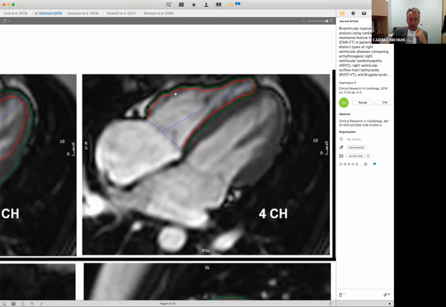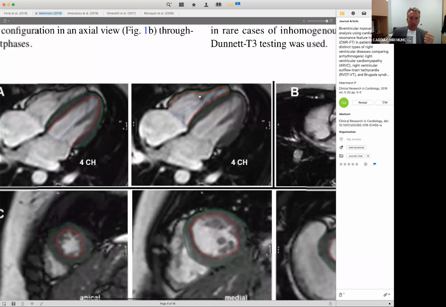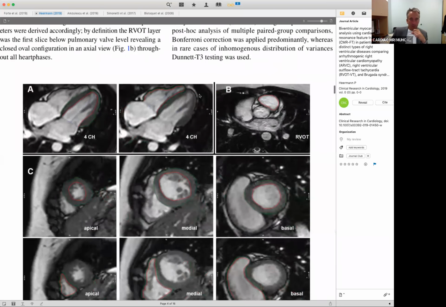The right ventricle is also pretty trabeculated. So in order to assess strain, you have to somehow make a guess where you cut off the trabeculae. And of course, if you're really meticulous, we have to assume that the trabeculae also play their role in the strain of the right ventricle. So this is certainly a limitation of the technique.